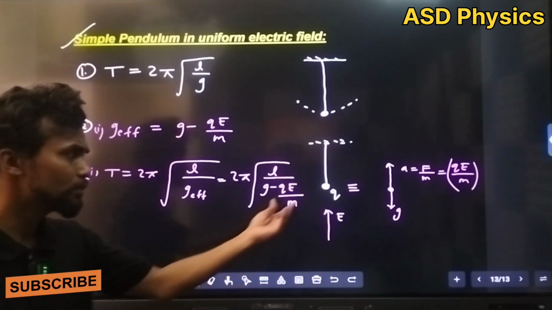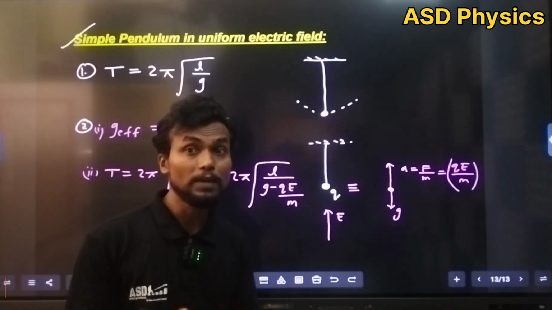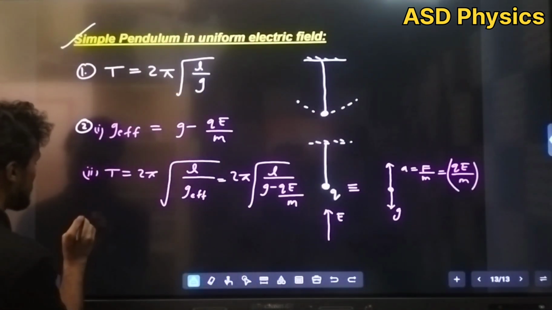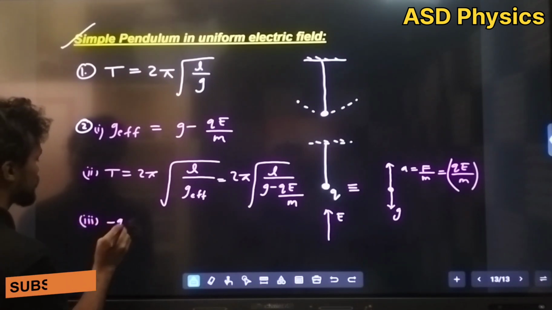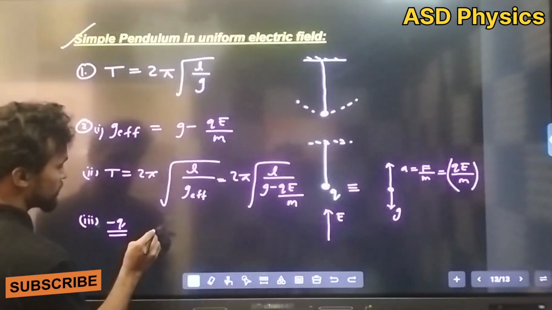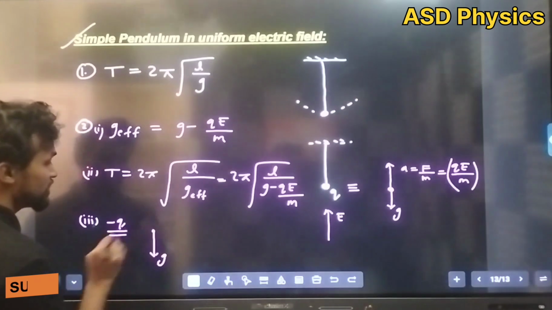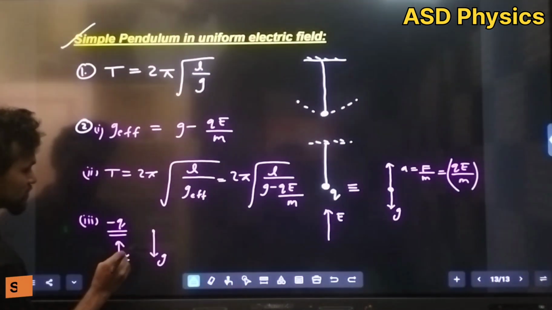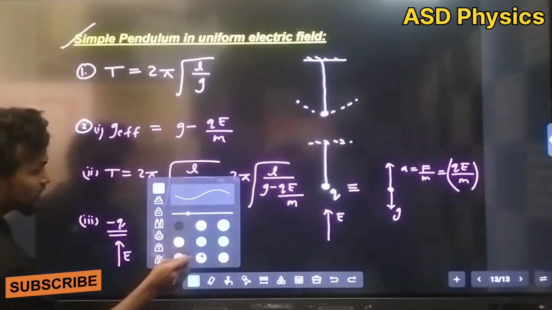Similarly, if in case minus Q charge is there, then what will happen here? So in case of minus Q charge, what will be there? Think please. The g is in downward direction, but minus Q charge and electric field is upward direction. Then the force will act in which direction?